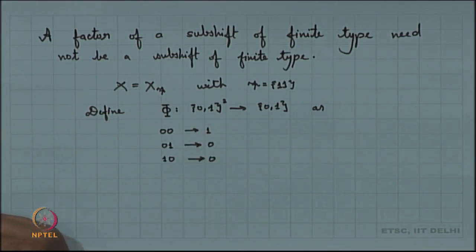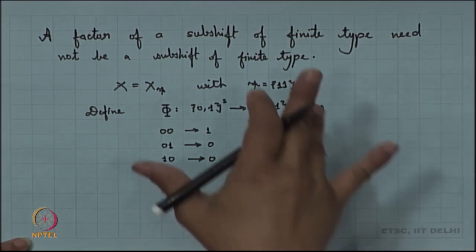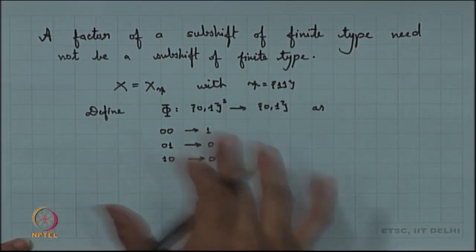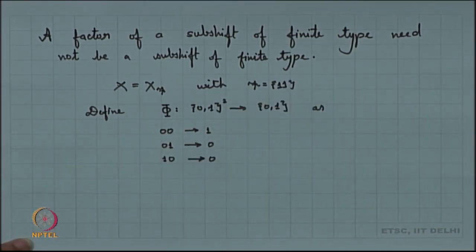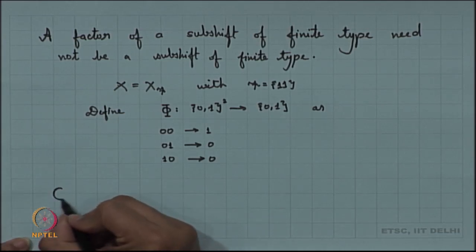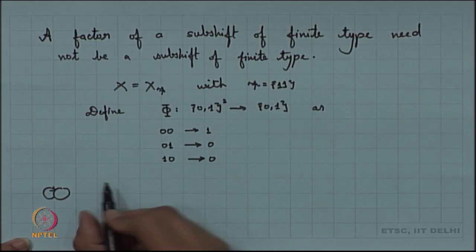Now, let us look into the higher block representation of the golden mean shift. We have seen that we can write it in terms of an edge shift here.